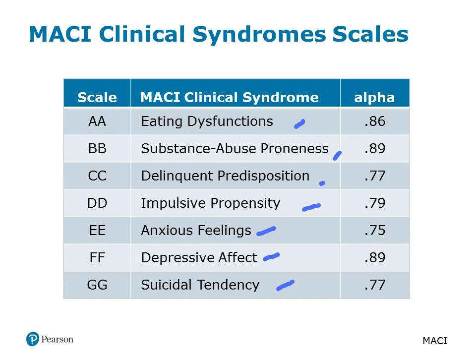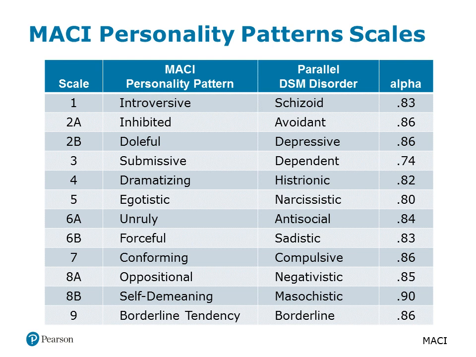So I want to say a few words now about the personality patterns or personality styles. And again, when you think about the clinical syndromes, think about how they could extend or distort the basic personality pattern. I mentioned that there are 12 personality pattern scales on the MACI.